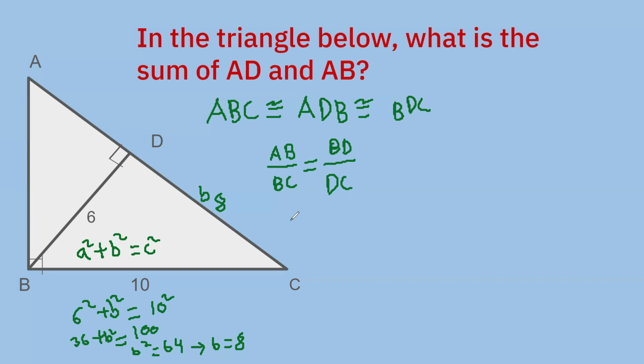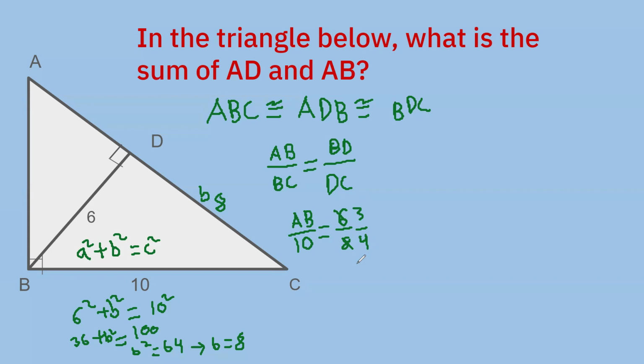So we're going to get AB over BC, which is 10, equals BD, which is 6, over DC, which is 8. And again, we're going to cancel regularly and get 3/4.